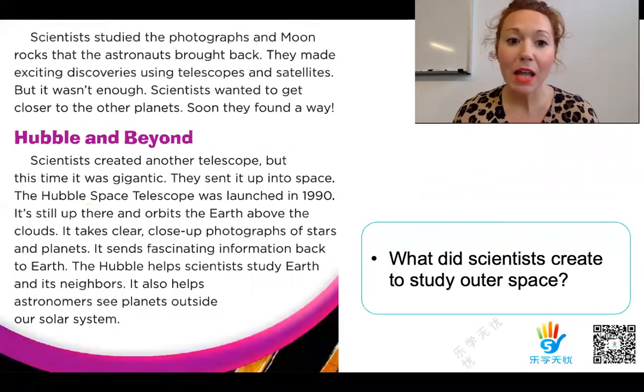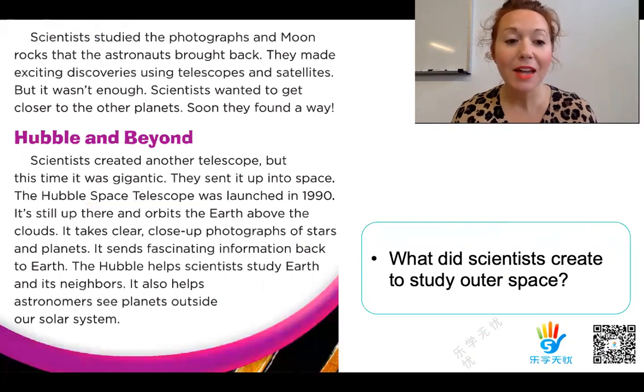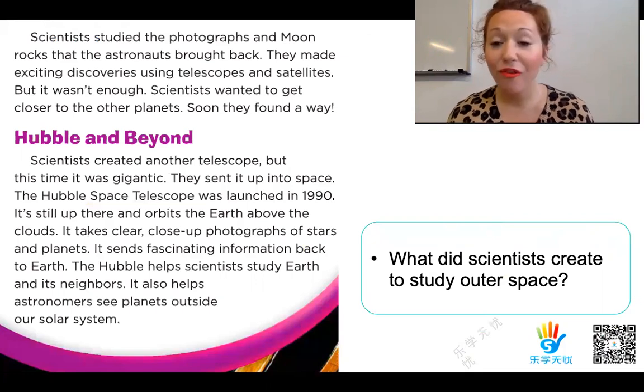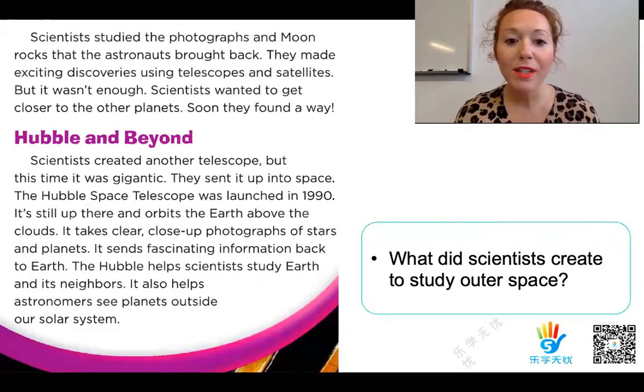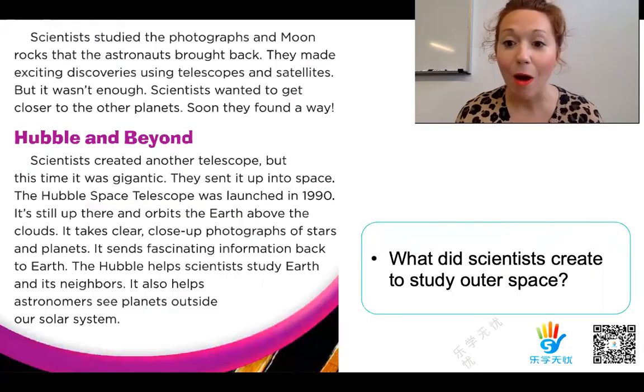The Hubble Space Telescope was launched in 1990. It's still up there and orbits the Earth above the clouds. It takes clear, close-up photographs of stars and planets. It sends fascinating information back to Earth. The Hubble helps scientists study Earth and its neighbors. It also helps astronomers see planets outside our solar system.